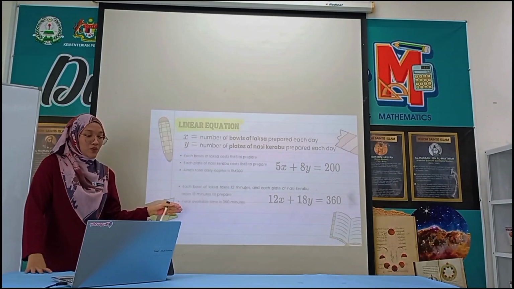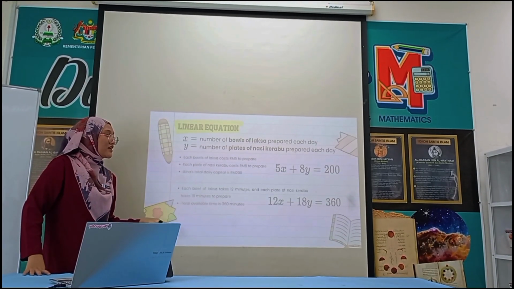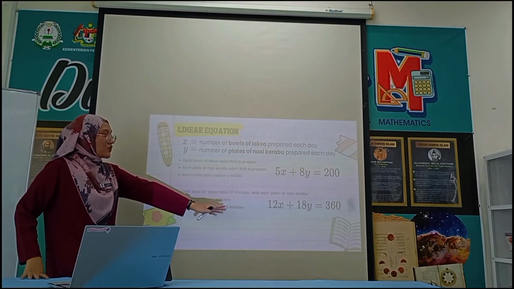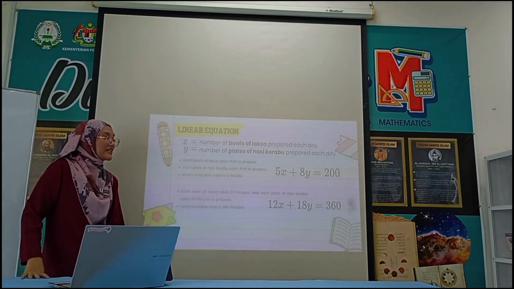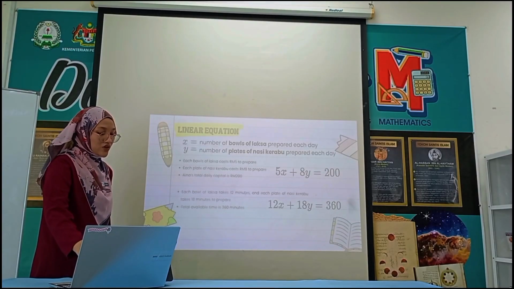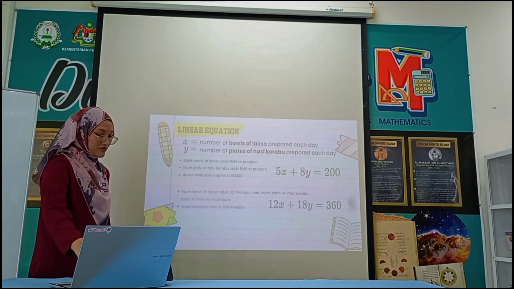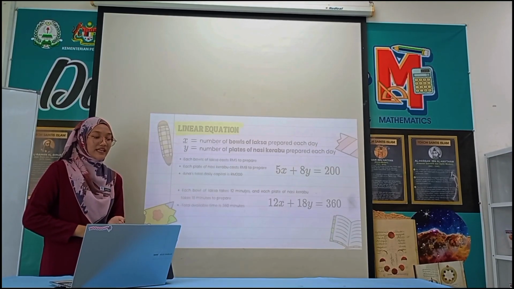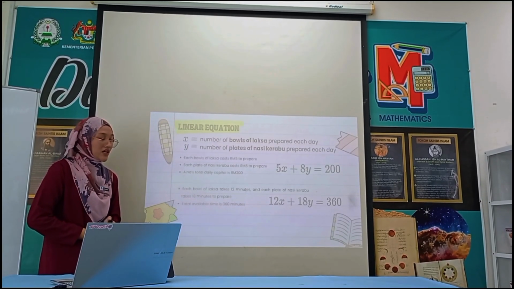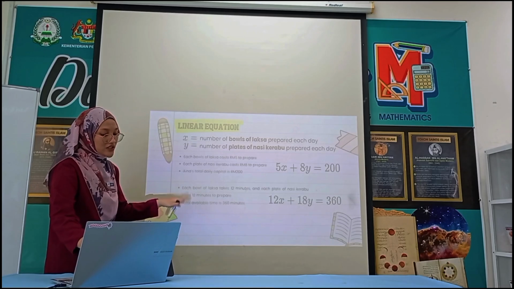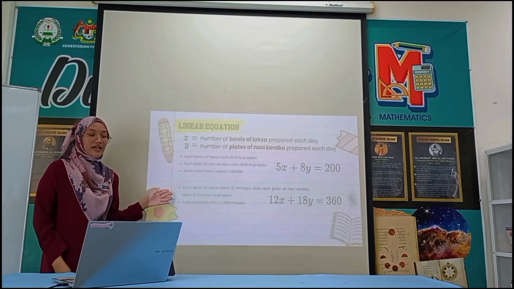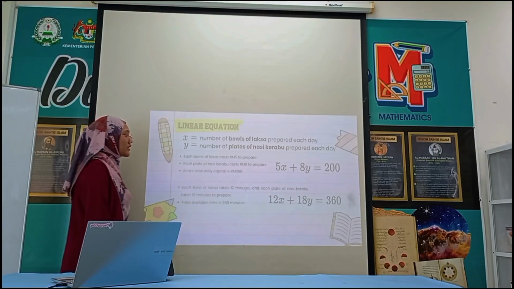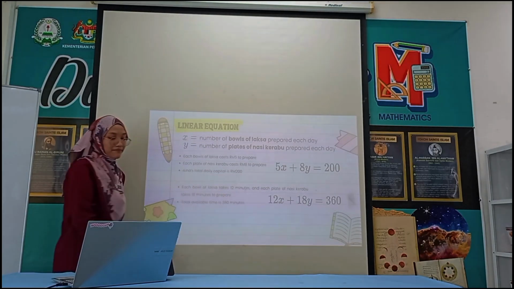So we can form the second equation, 12x plus 18y equals 360. This represents the time constraint. These two equations show how the number of laksa and nasi kerabu are related to Aina's total cost and time.